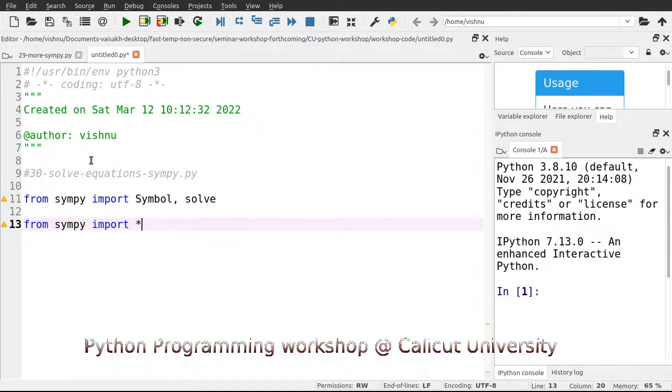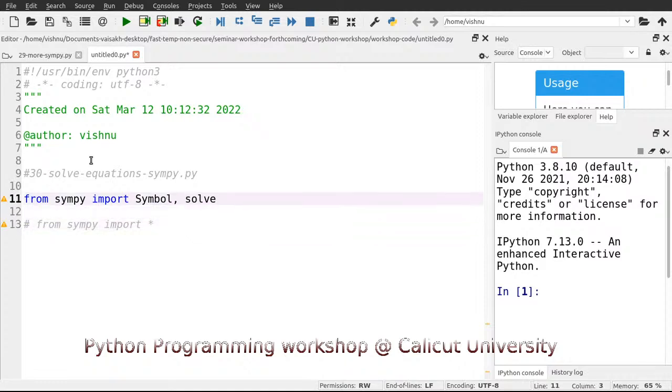Wildcard is star, so that means import everything. The problem is that the SymPy factorial function and our own factorial function may conflict. So which one is going to work? We don't exactly know, because our factorial function may be slightly different from what SymPy has defined. So in which way it's going to work is not very sure. Therefore, importing everything using this command is not encouraged. This is not a good practice.